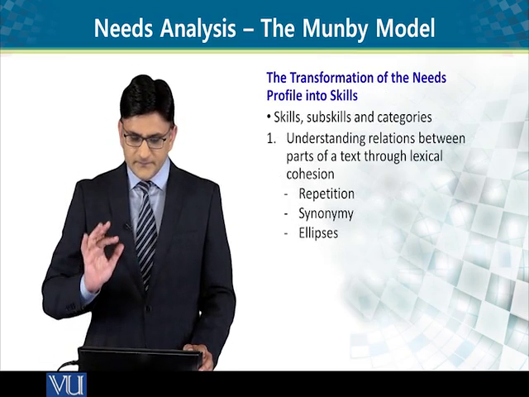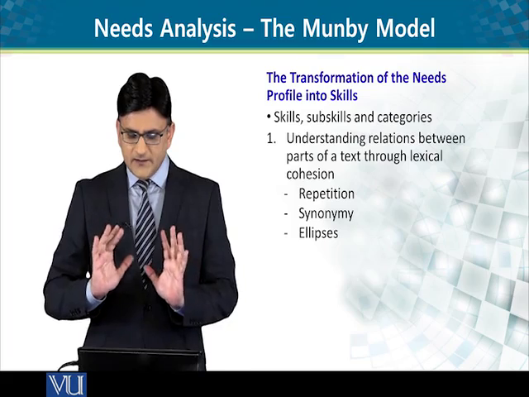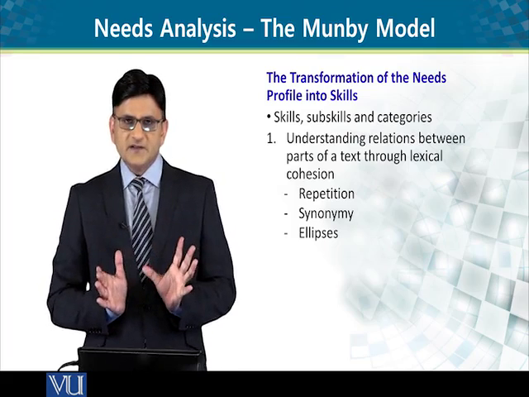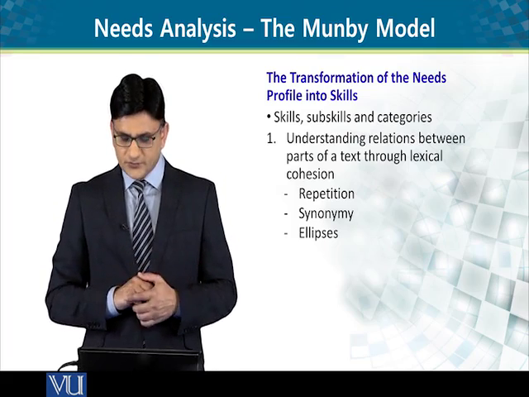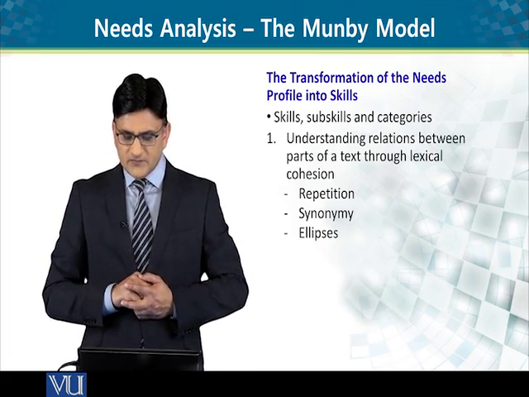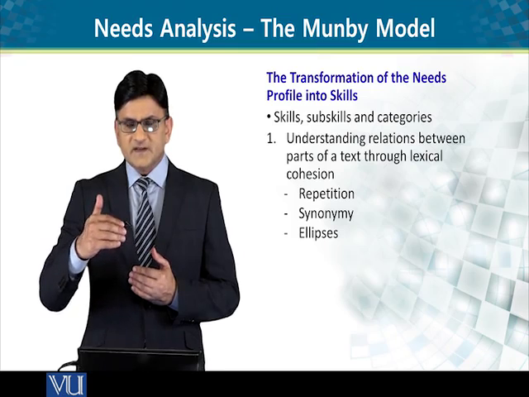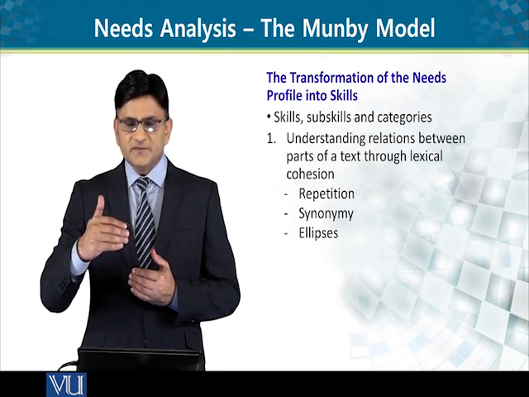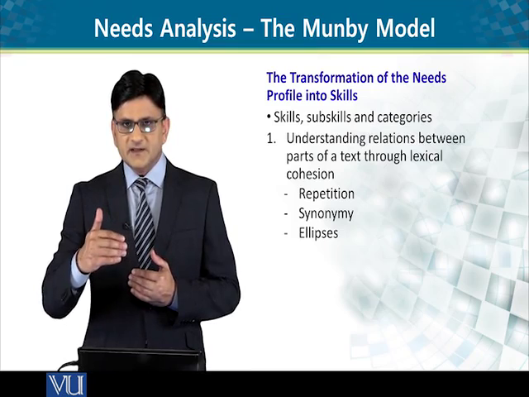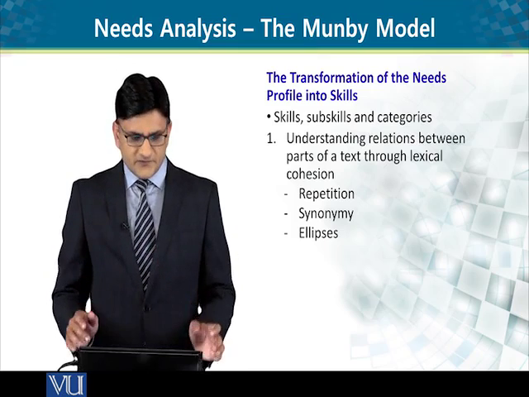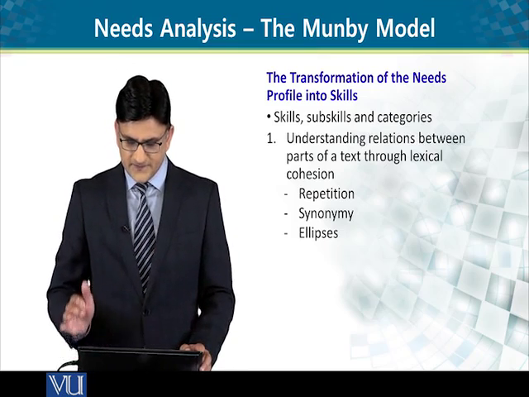Okay. And how the needs profile of the learners can be transformed into skills. If you need a skill of speaking, you need some sub-skills of skimming and scanning. And that was how it was categorized, right?